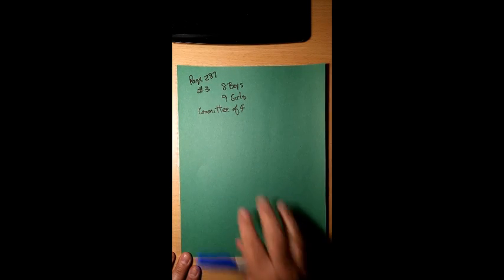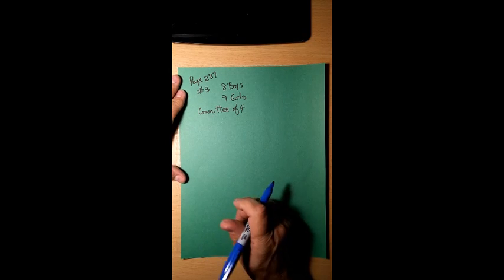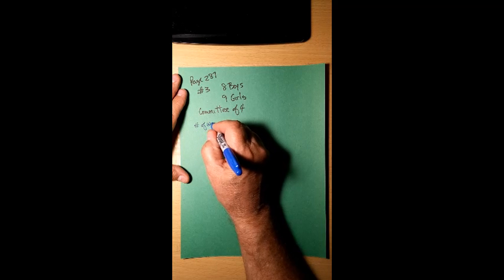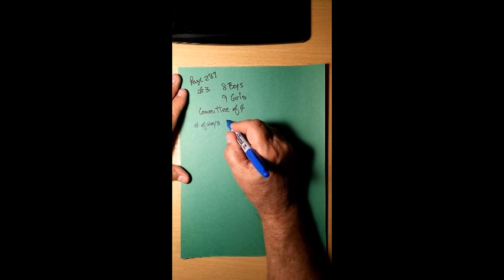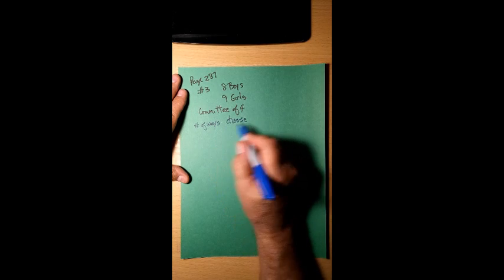Suppose we have 8 boys on the student council and 9 girls, and we need a committee of 4. How many ways are there to choose all boys?